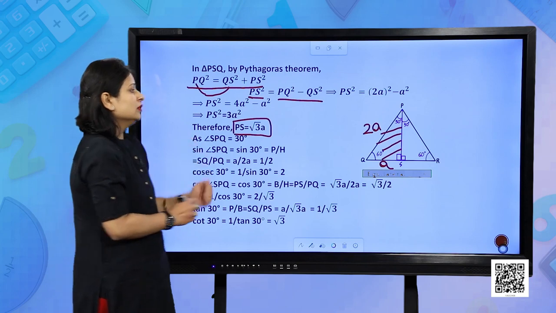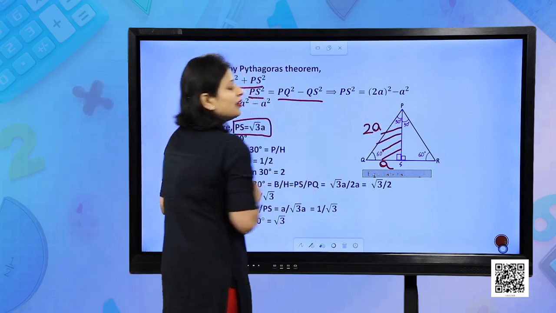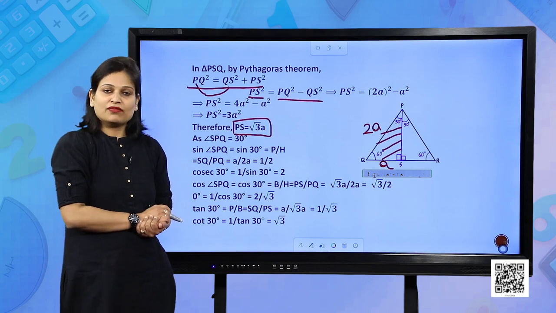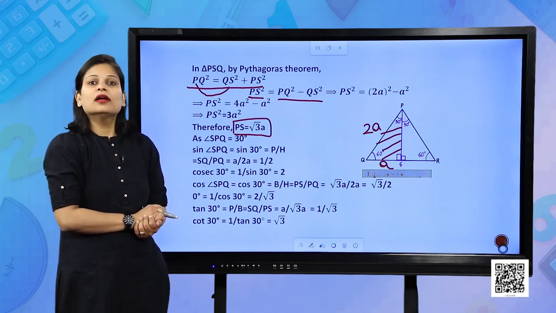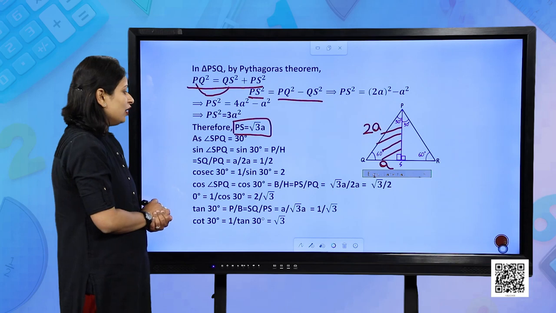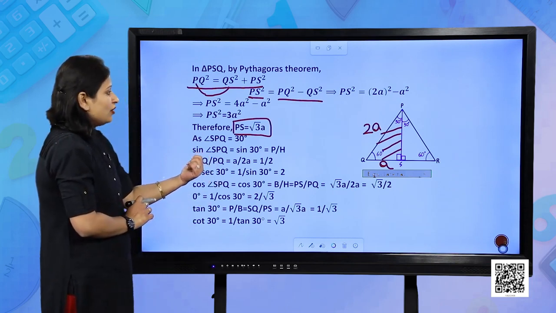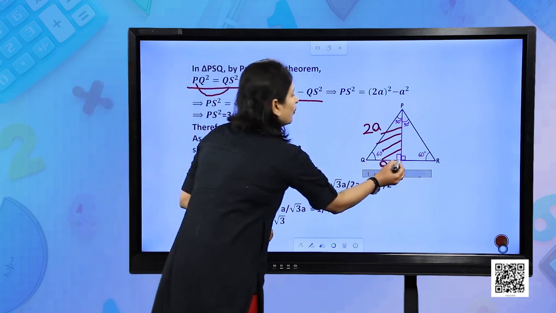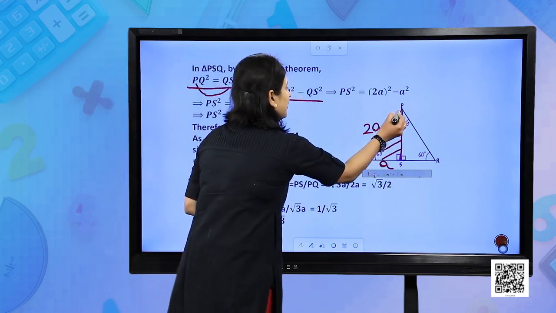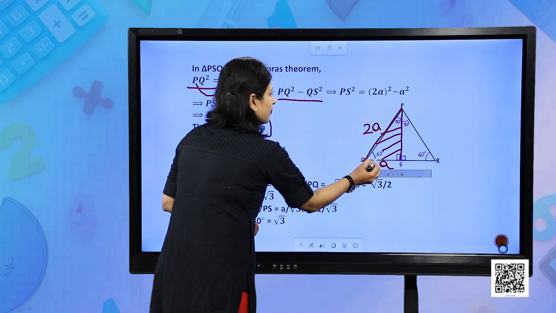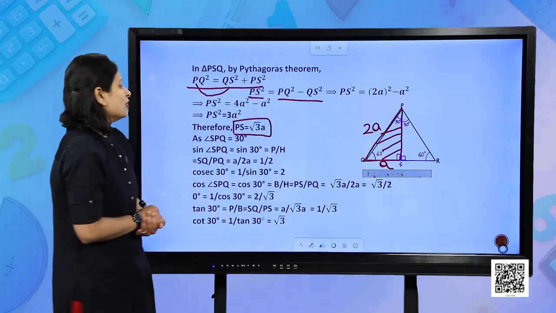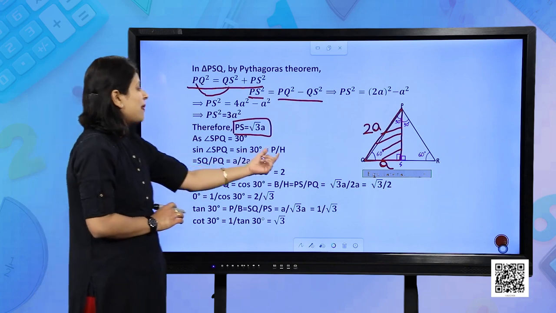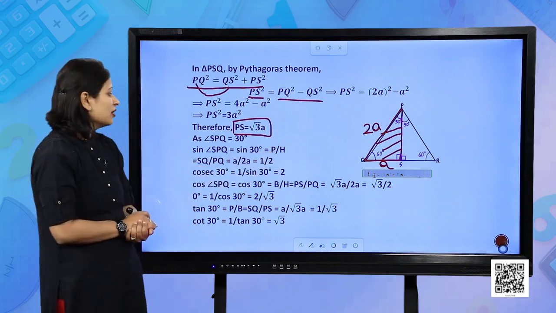Now you know this angle is 30 degree and you need to find out the trigonometric values with respect to angle 30 degree. So, what will you get? Sine of angle SPQ. According to the definition of sine function, perpendicular upon hypotenuse.